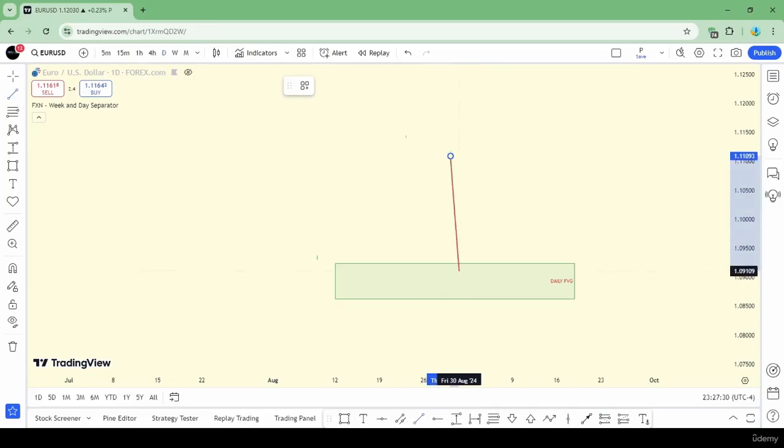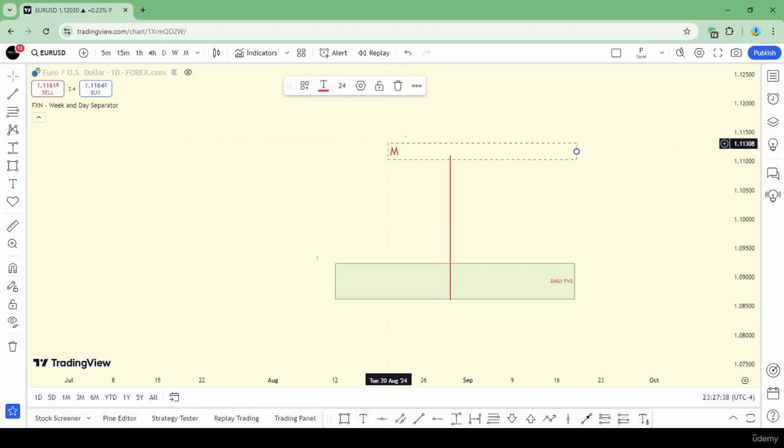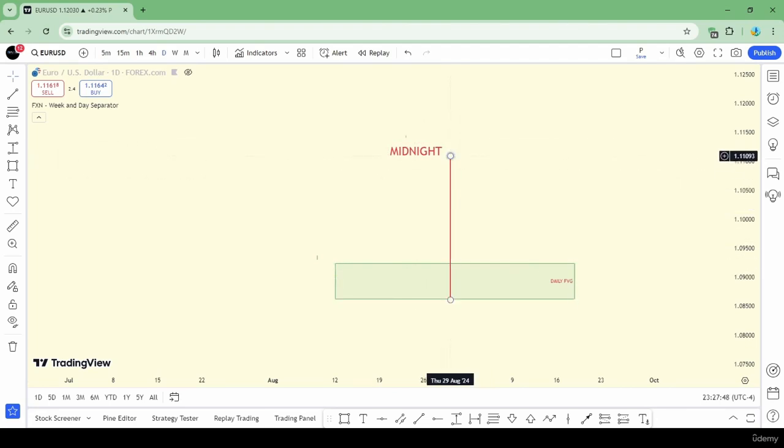So I'll outline, maybe for example, this is our midnight open.